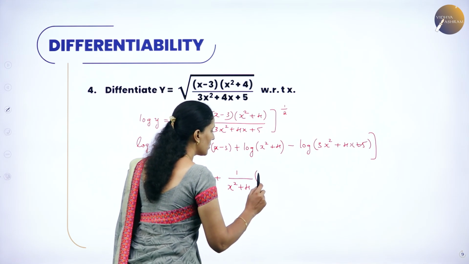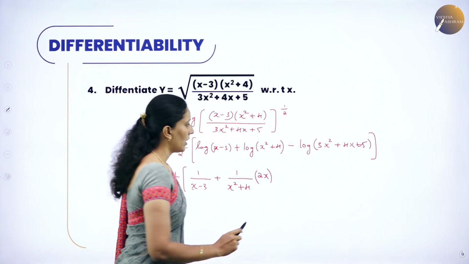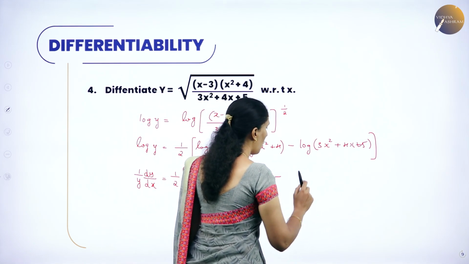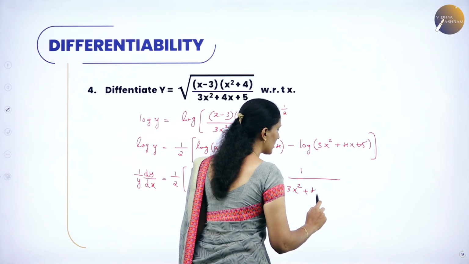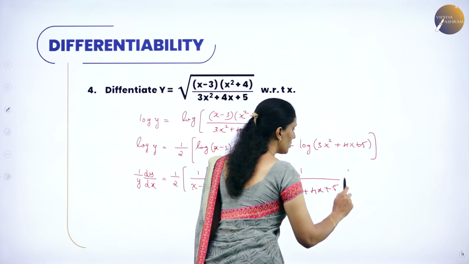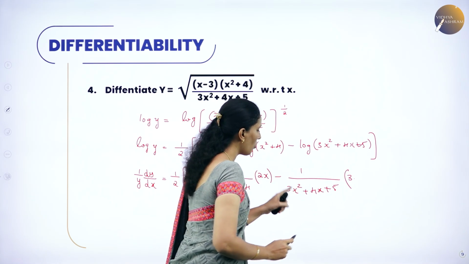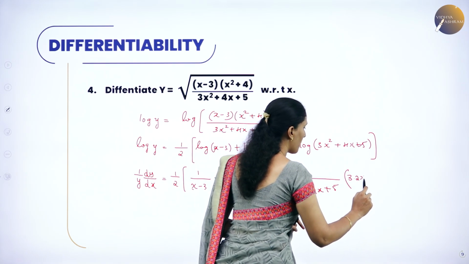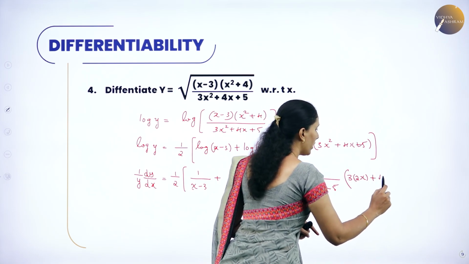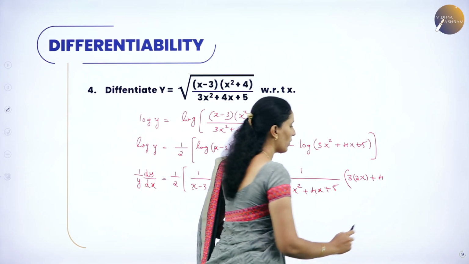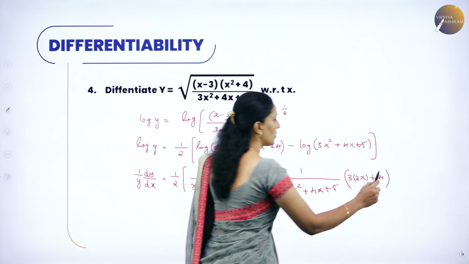Differentiation of x square is 2x and 4 is 0, so no need to write. Next, minus 1 divided by (3x square plus 4x plus 5). Now let us differentiate 3x square. 3 is as it is, differentiation of x square is 2x, and plus 4 into derivative of x is 1, plus 0, because 5 is purely constant there.